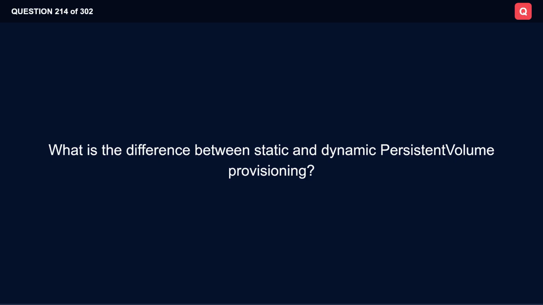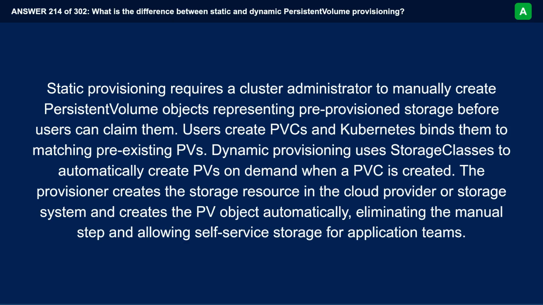What is the difference between static and dynamic persistent volume provisioning? Static provisioning requires a cluster administrator to manually create persistent volume objects representing pre-provisioned storage before users can claim them. Users create PVCs, and Kubernetes binds them to matching pre-existing PVs.